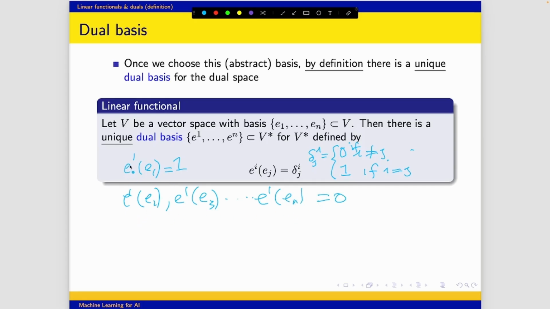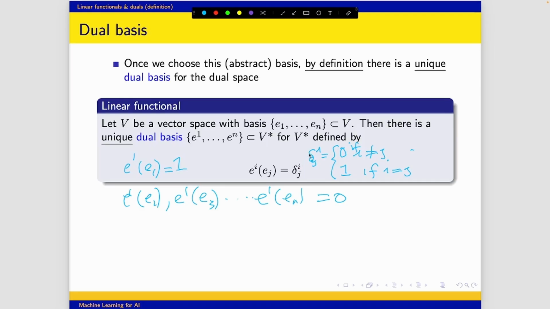So this basis vector in the dual space, when it acts on one of the basis vectors in the vector space V, will only be non-zero when it acts on, so if this is the first one, will only be non-zero when it acts on the first one of these. For all others, it will spit out 0.